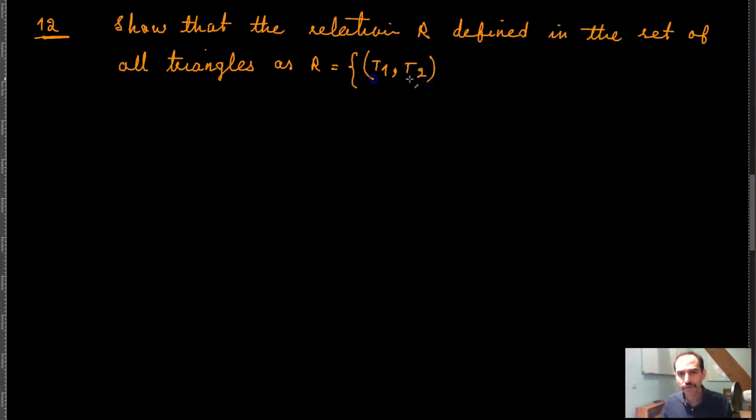These must be two triangles such that T1 is similar to T2.